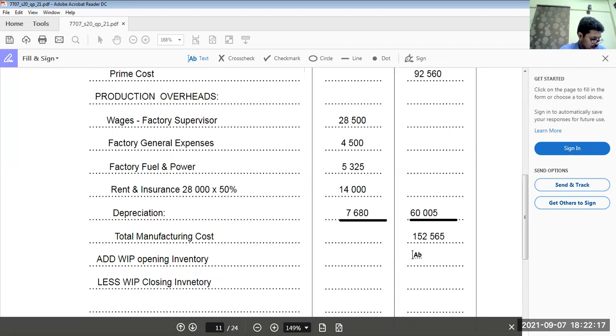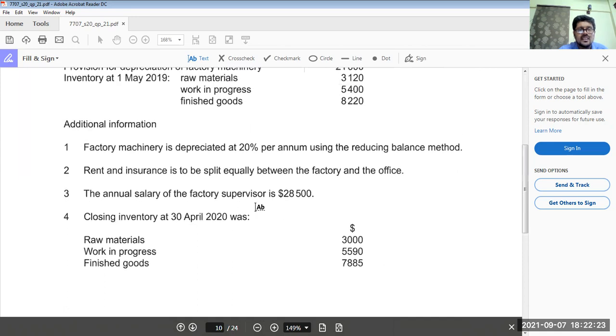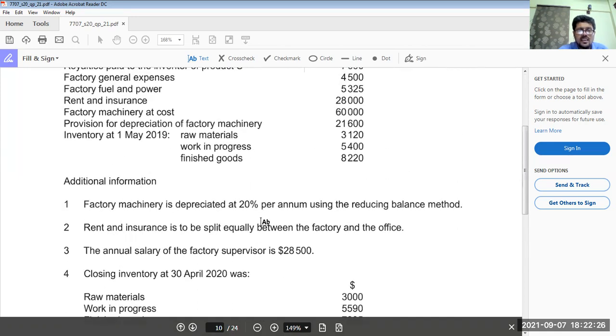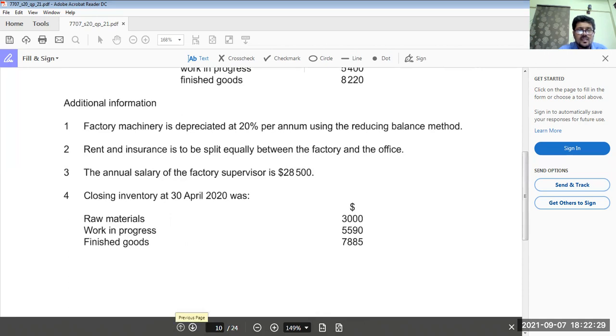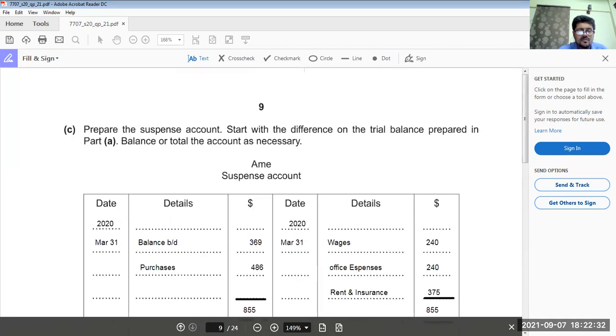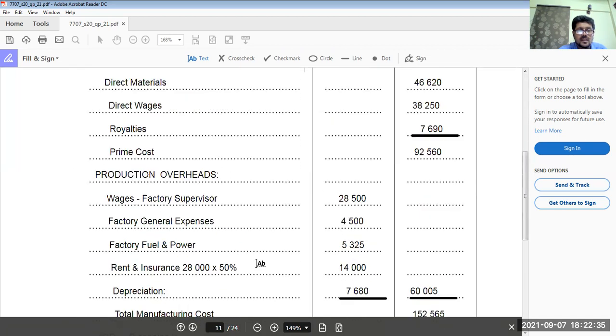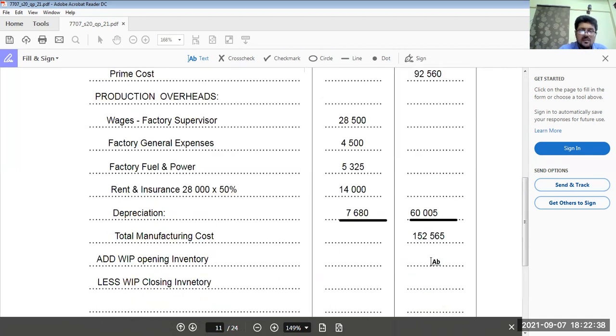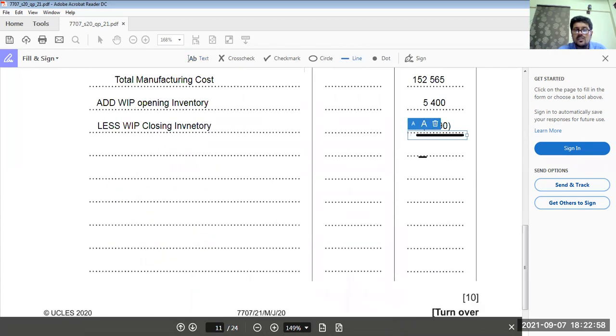Opening work in process inventory is 5,400 and closing inventory is 5,590.